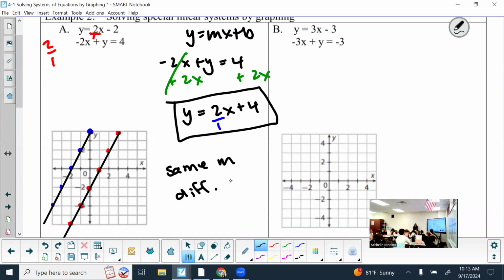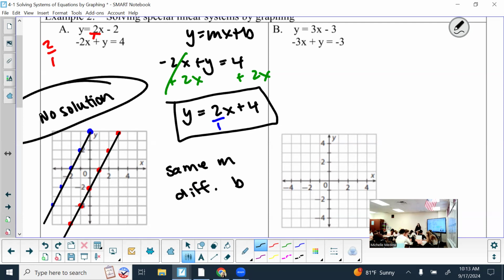If you notice that before even graphing, then you already know what type of solution? 0. No solution. Right? Okay. One more that you'll see, and then you'll try 2 more, and then we'll be done.